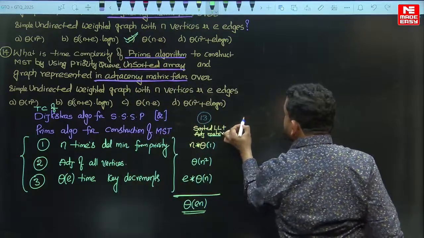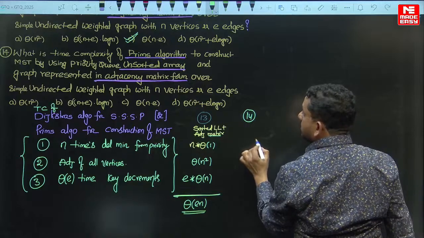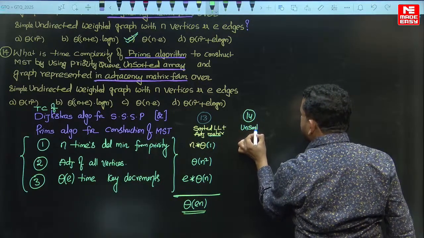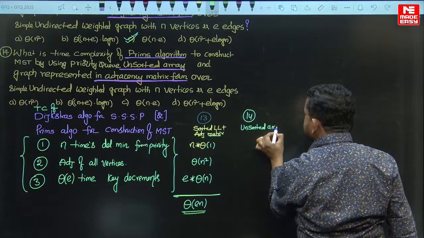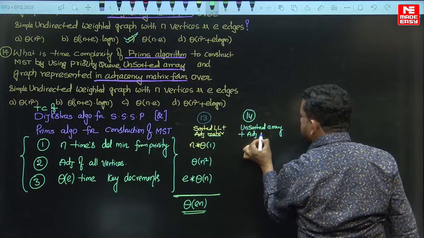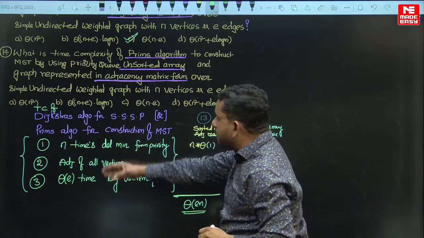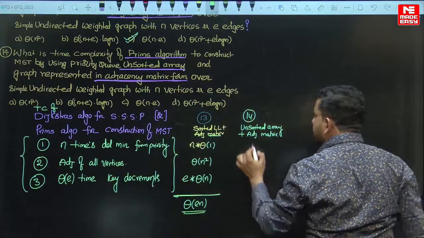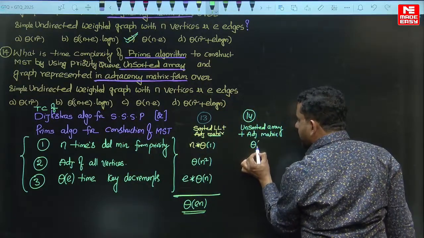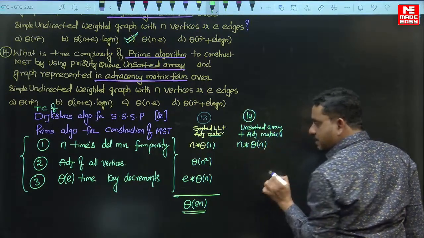Then this 14th question. An unsorted array is used, and again the adjacency matrix representation is used. One delete min requires order of n time, repeated n times, so it becomes n square.